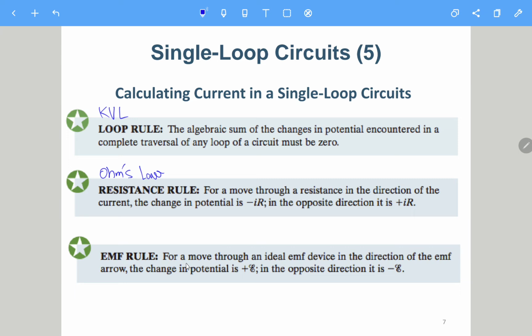And then for the EMF rule: for a move through an ideal EMF in the direction of the arrow, the change is plus E, and in the opposite direction it is negative E. The difference here is that for the resistance, the change in potential in the current direction is a negative value, while for the EMF it is a plus value.